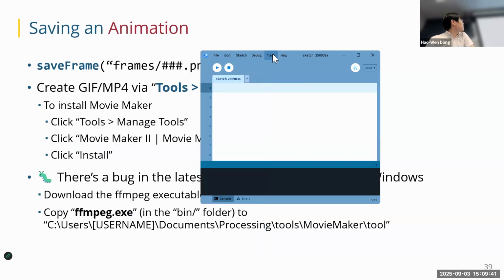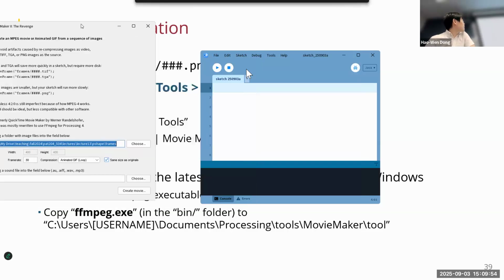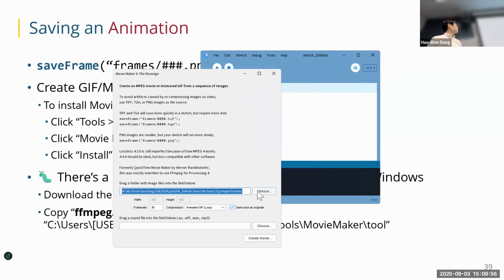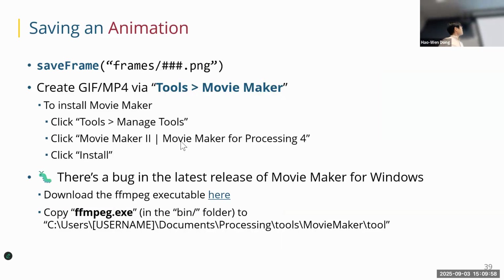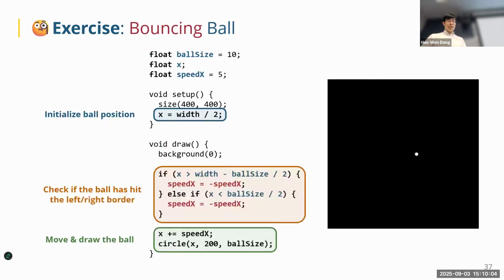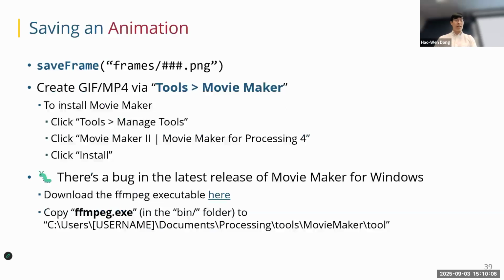So once you install it, you can find the Movie Maker here, still in the Tools navigation bar. You find this Movie Maker, and then you will have everything here. So basically, you want to save all the frames after you draw something. So this is included in the template already.